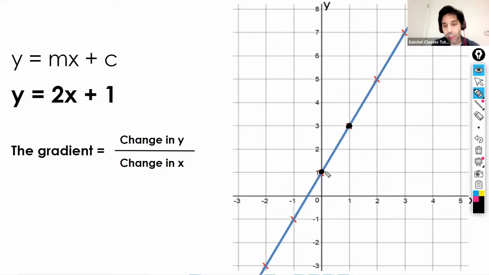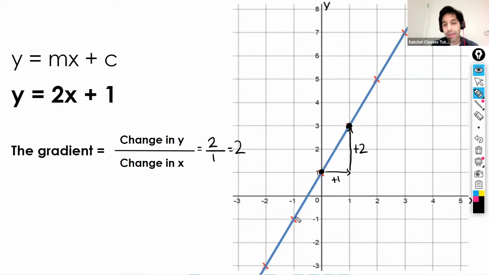The change in x is we're adding 1, and then we are going up by 2. So the change in x between the two coordinates is 1, and the change in y is 2. So 2 divided by 1 is simply 2, therefore our gradient is 2.